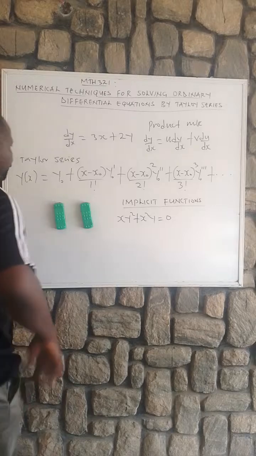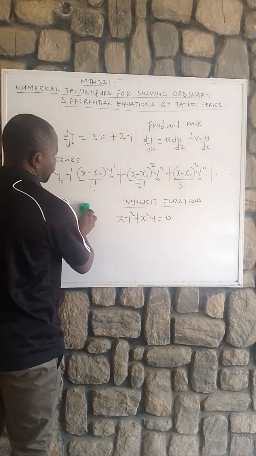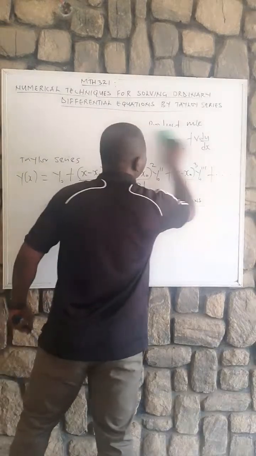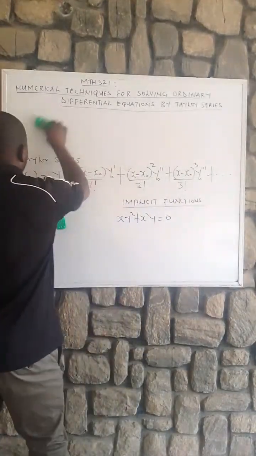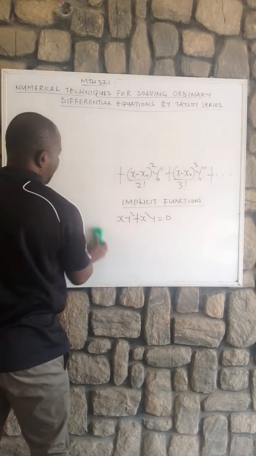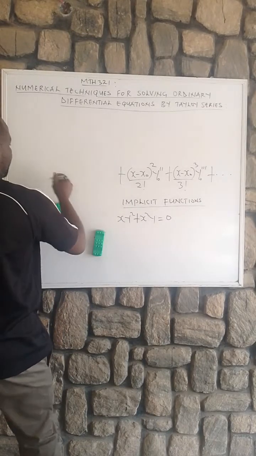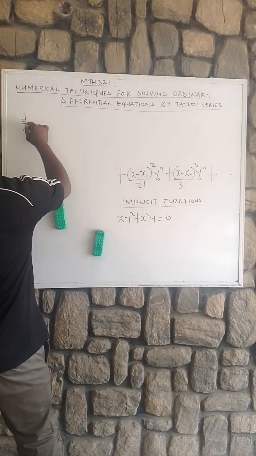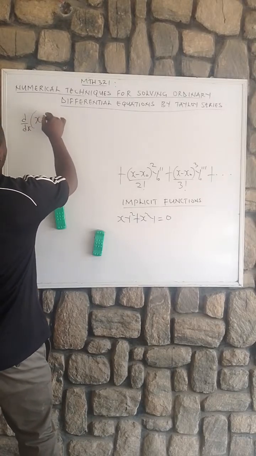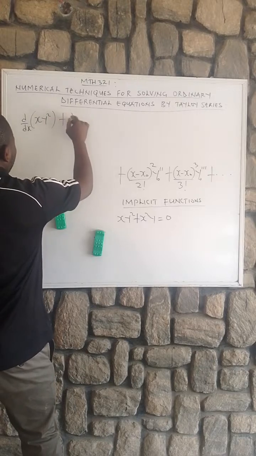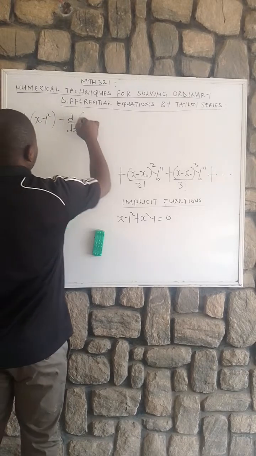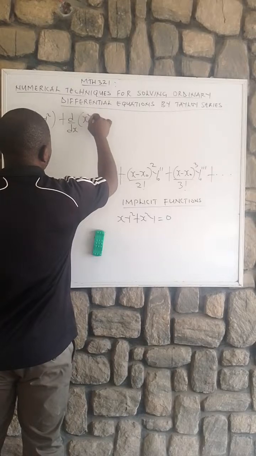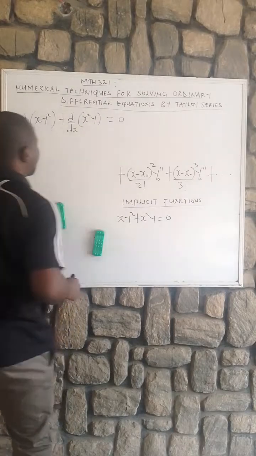Okay. Yeah. So now let's look at it together. If we are to differentiate this, this is d over dx of x y squared plus d over dx of x squared y. This is equal to 0, right?